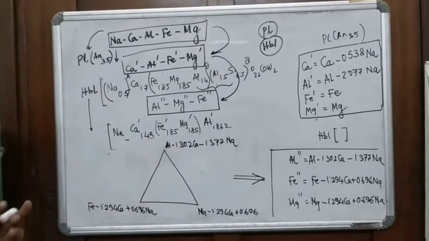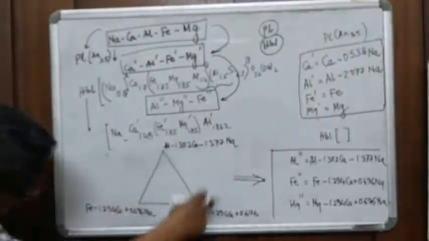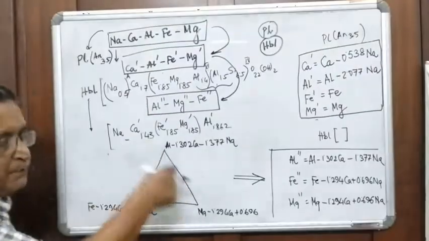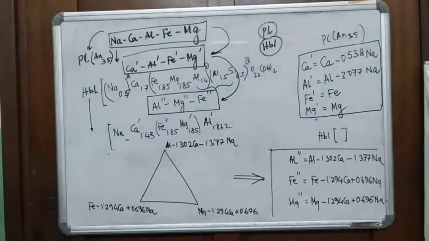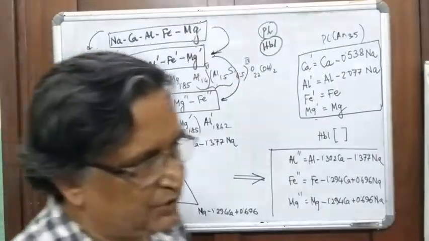Now you can take a mineral and plot. After converting it this way, you can plot it into this composition space, which is easier now to identify. So that is important.